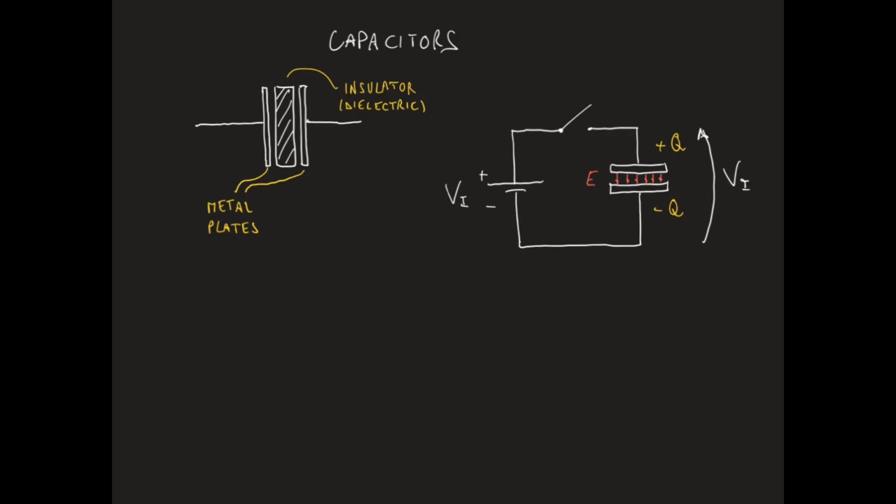On the other hand, in order to make the positive charge on the top plate disappear, we would need to bring electrons on the top plate. So what we would need to do is move charge across the circuit. But now that the switch is open, the circuit is open, so no charge can move in the circuit. So the charge stays where it is on the plates of the capacitor, and the field and the voltage across the capacitor do not change.